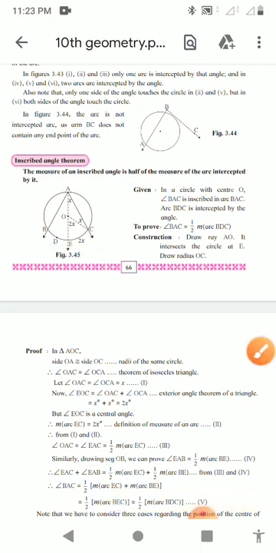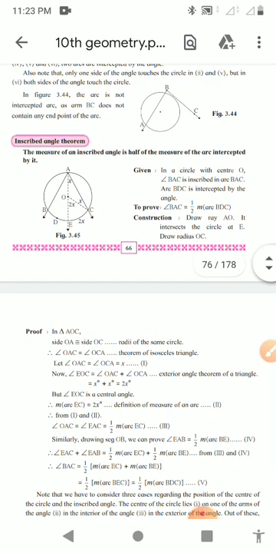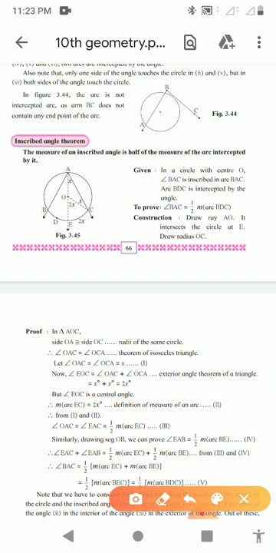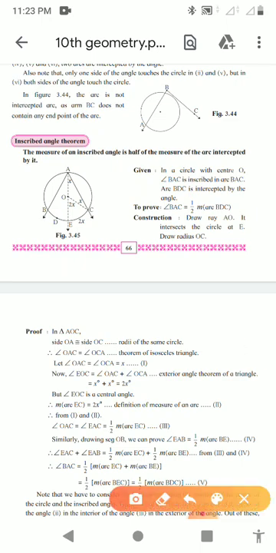Now we will see, for which we need to draw some figure. We have to modify this figure and do a construction in it. We have to draw a ray which joins point A and O. If I extend that ray, it will pass through the center of the circle and intersect the circle at point E. Now we have to draw a radius, that is OC, because we need to create a triangle over there.